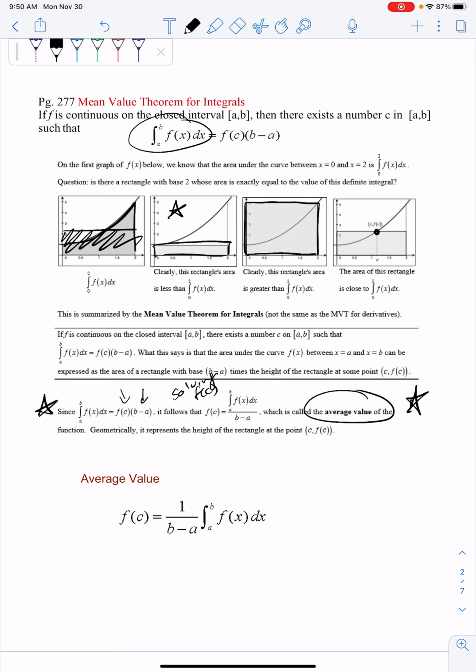So f of c, the average value, is equal to one over the width, times the integral itself. We're just taking the integral and dividing it by its width. It's kind of like you've added up all of your test scores, and now you're dividing by how many test scores to get the average. That's all we're doing here.